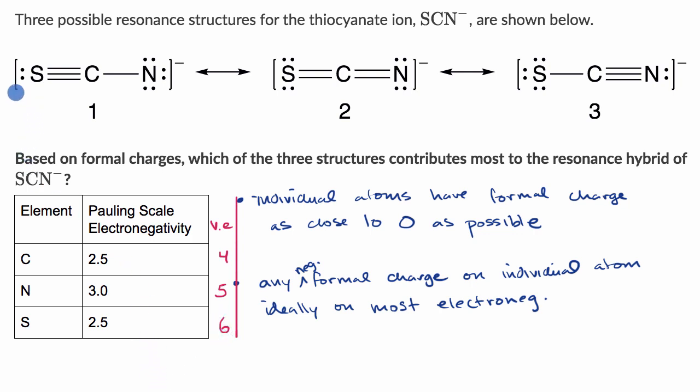And the way that we calculate formal charge of the individual atoms in each of these resonance structures is we say, all right, how many valence electrons would, say, sulfur, a neutral free sulfur atom, typically have? And we know that that is 6. And then we say, well, how many outer electrons are hanging out around this sulfur in this resonance structure? From this Lewis diagram we can see 1, 2, 3, 4, 5.